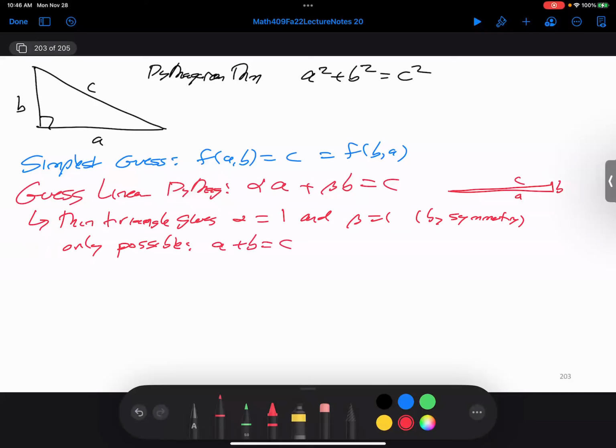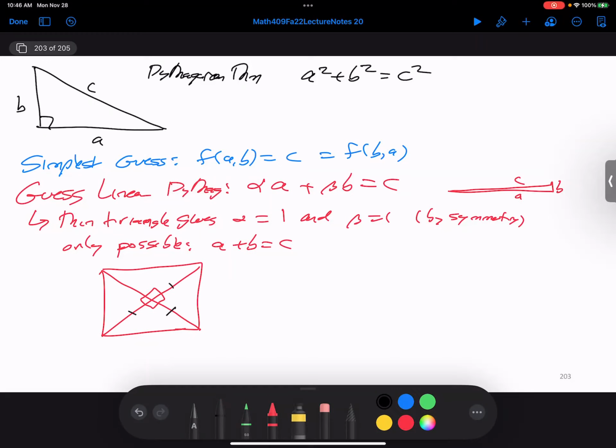And now if you look at a special triangle, what are our favorite right triangles? 45, 45, 90, and what's the other one? 30, 60, 90. The 30, 60, 90 comes from an equilateral triangle that you cut in half. These are the only ones we know.